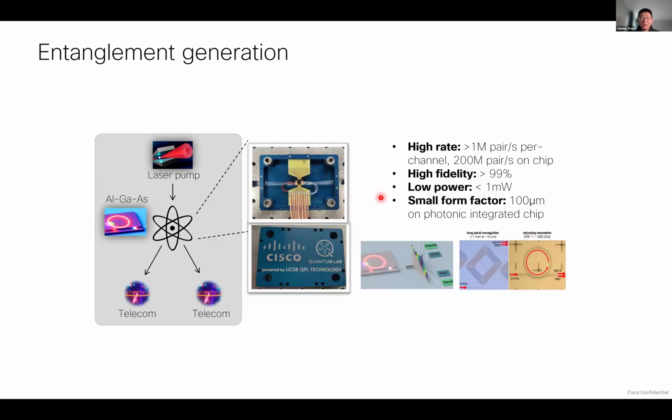Talking about the entanglement source, currently we have two entanglement sources under development. This is a quantum chip we got from UC Santa Barbara. We revised their design to have a multiplexed quantum entanglement source, so that each quantum chip has multiple rings and can generate multiple pairs of entanglement spanning the entire DWDM channels.